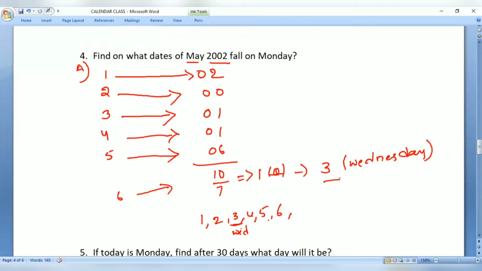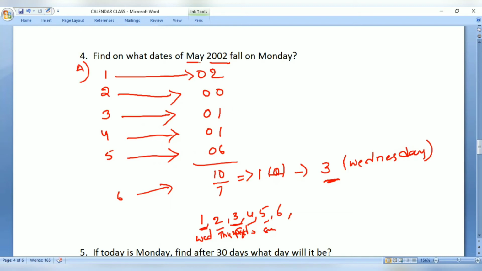So if 3 stands as a Wednesday, the remainder 3 stands for Wednesday. That means if the first day stands for Wednesday, because we are considering the 1st of May, 1st of May stands for Wednesday, then 2nd of May stands for Thursday, 3rd for Friday, 4th for Saturday, 5th for Sunday.